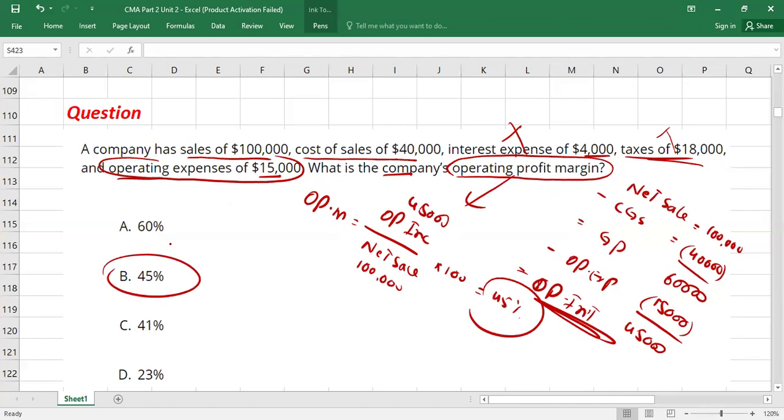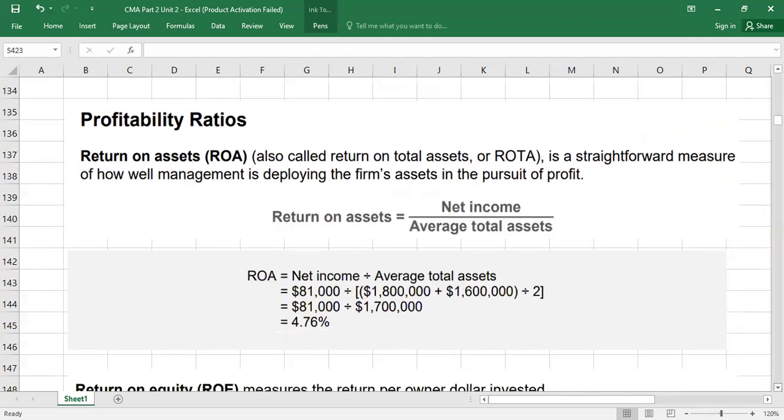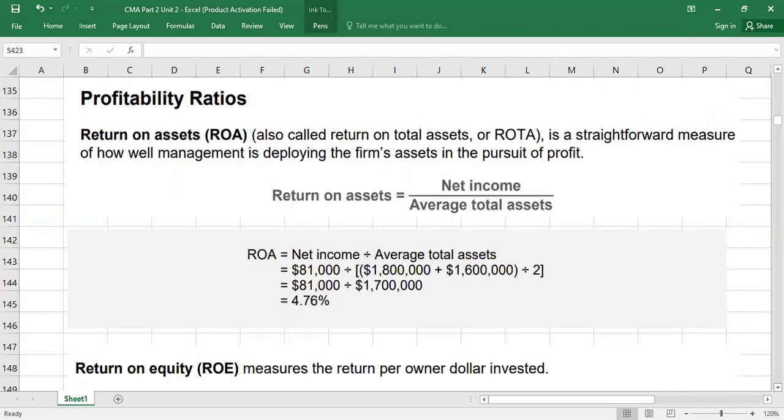Okay, guys. Now let's move to the next ratios. It's important now, and questions will become a bit more technical. We are discussing profitability ratios here too. But these ratios will use some data from the income statement and some data from the balance sheet.